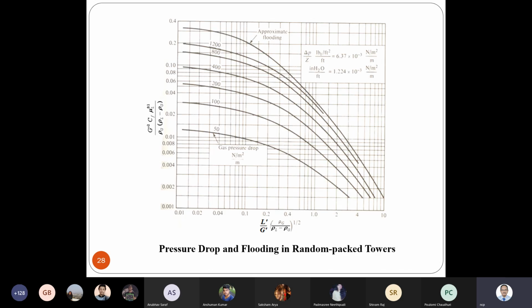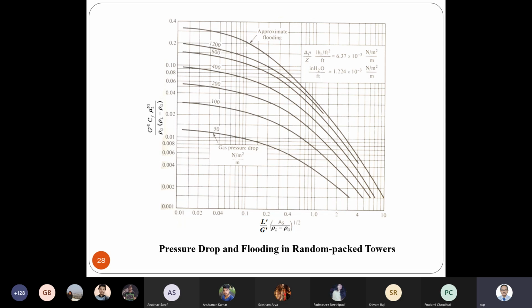We'll discuss the whole thing, how to derive these expressions by differential material balance. We'll do that, but just for now, you know that it is a different concept. So we have to use the concept of transfer unit to find out the height of the tower.